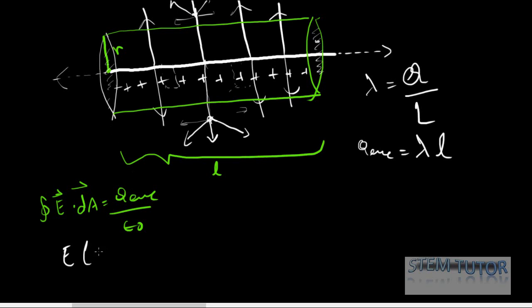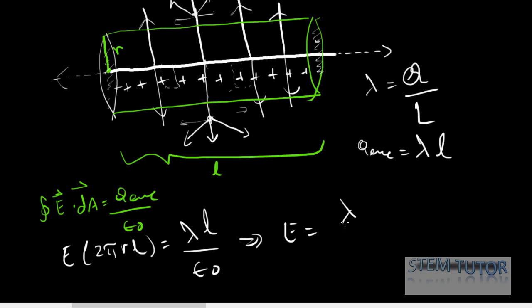So it becomes E times the surface area of a cylinder, which is 2 pi r L, equals lambda times L divided by epsilon naught. So that implies that E is equal to lambda over 2 pi epsilon naught times 1 over r. That is the electric field that is produced by a uniformly charged rod that is infinite in extent.